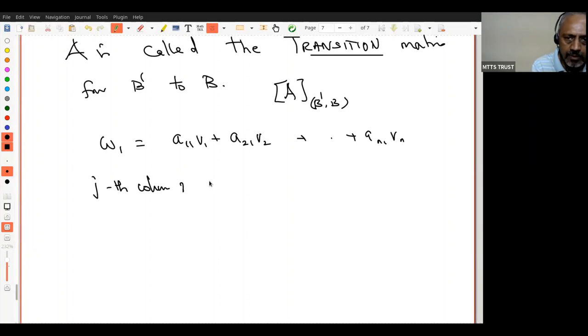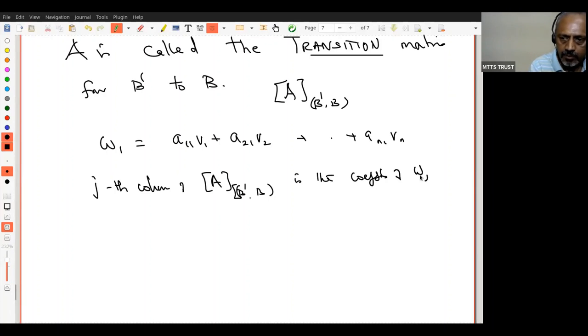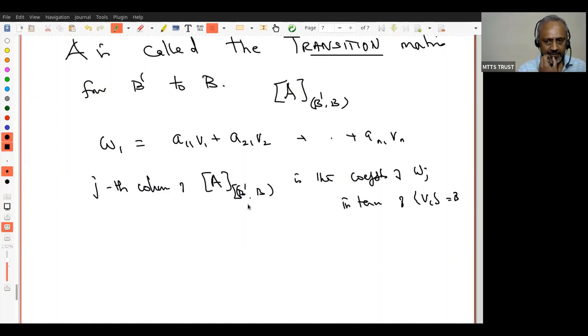Therefore, the jth column of this matrix A_B'B is the coefficients of wj in terms of the vi. The jth vector of B dash, you express it in terms of the vectors of B. Then that becomes the jth column.